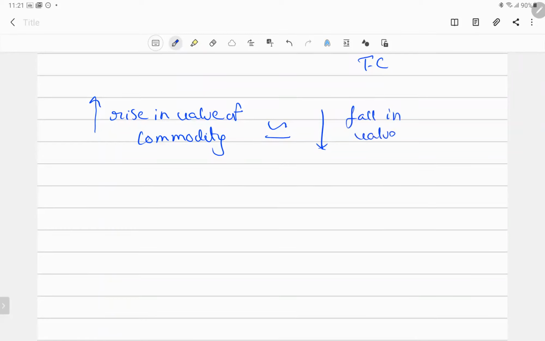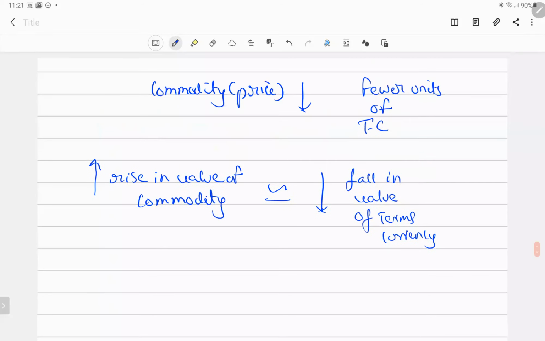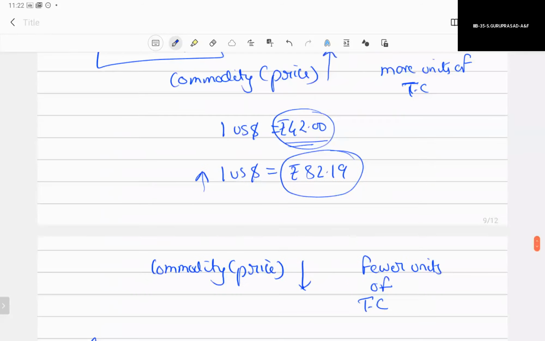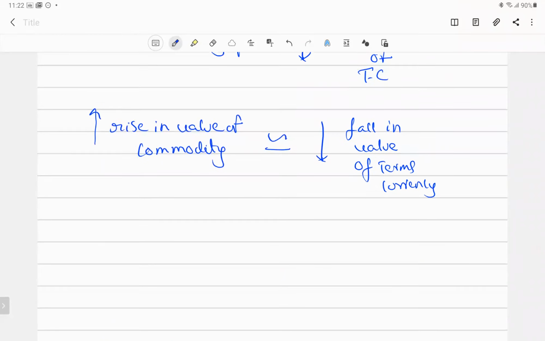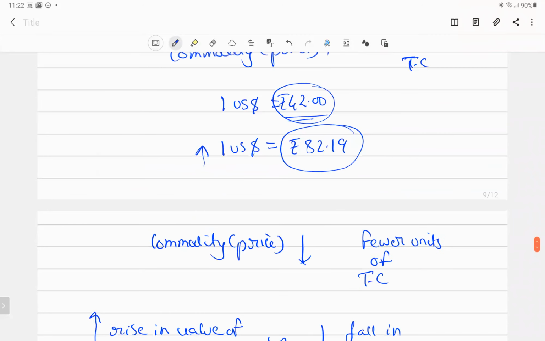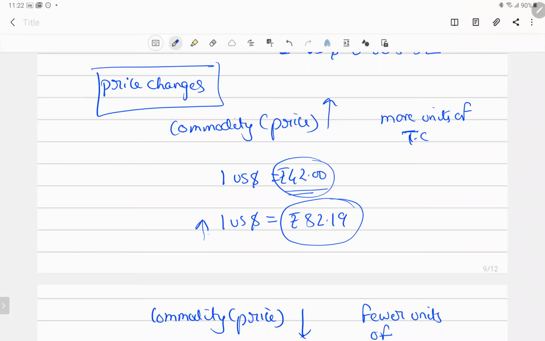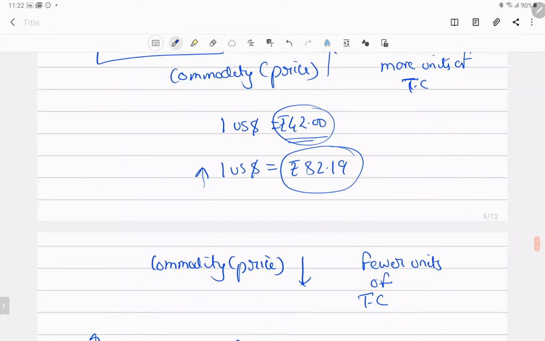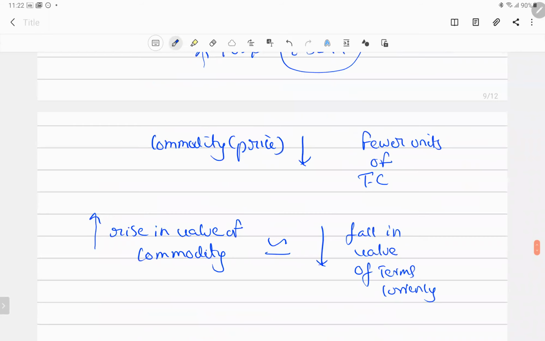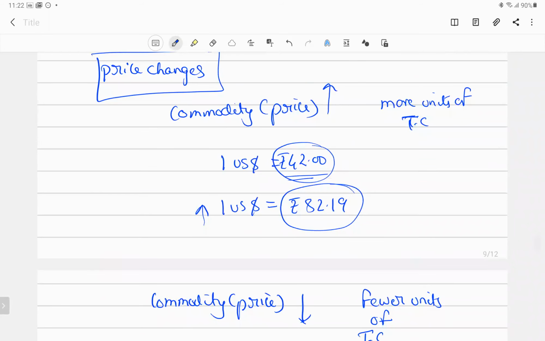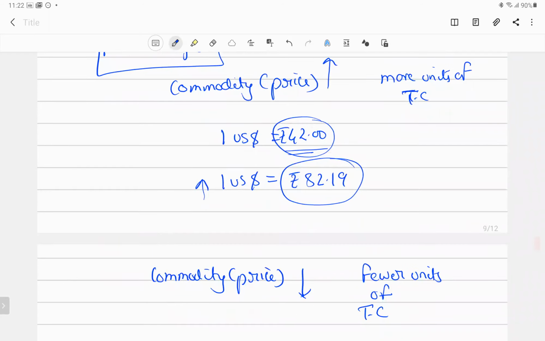If people are getting what I'm telling, right? When there is a rise in value of commodity, it is nothing but a fall in value of term currency, because we have to pay extra. Suppose there is an increase in the commodity price of US dollar, then we have to pay extra from our pocket, right? Extra 40.19, we have to pay. So it means that the purchasing power has been reduced, right? So the value of our term currency falls.